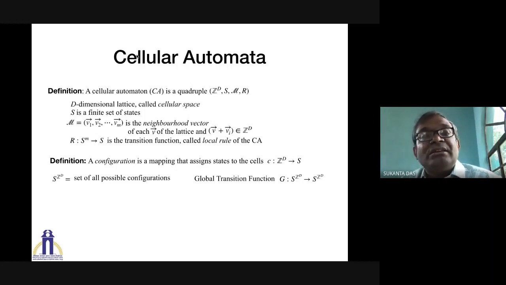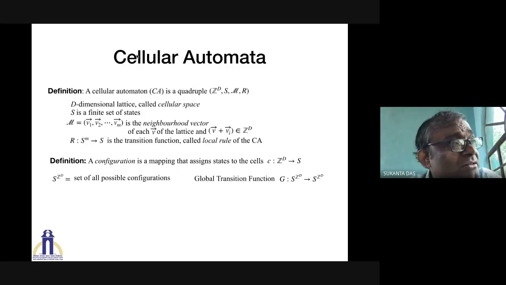A CA is a quadruple, but now I can think of it as a function which hops from one configuration to another configuration. It's a function G, sometimes we call it the global transition function, from S to the power Z to the power d to S to the power Z to the power d. So these things we discussed in last class.